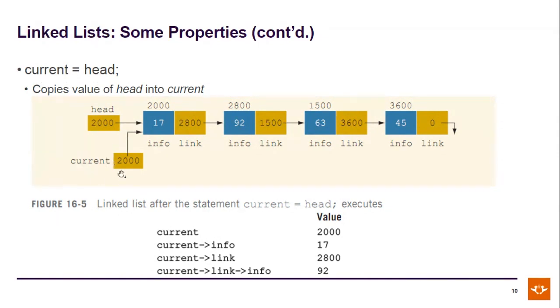Okay, so usually when we write code for linked lists, for example, traversing through a list or replacing nodes in a list, we use a pointer called current, right? Which allows us to know where we are in the list. Remember, head is only useful for telling us where the start of the list is. And we can't move head around, right?